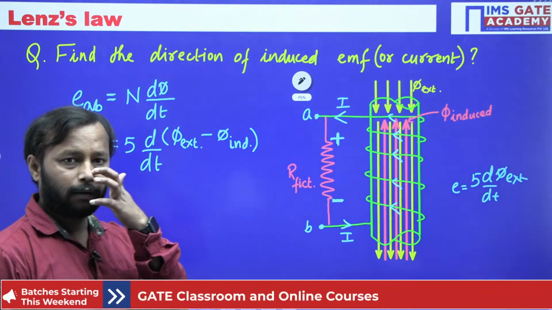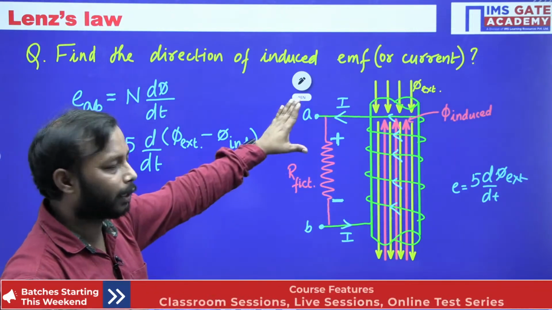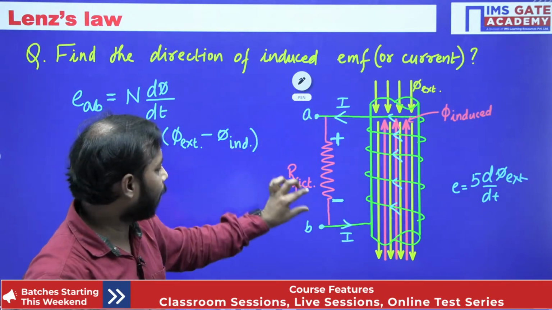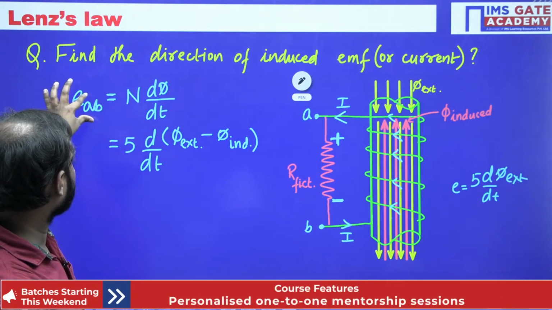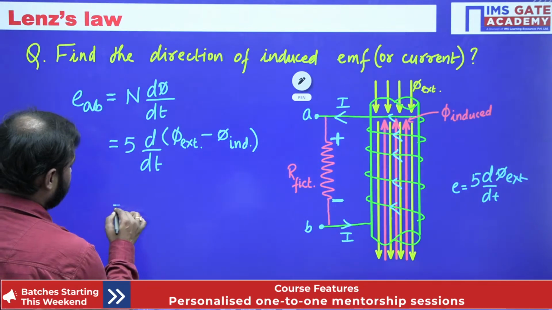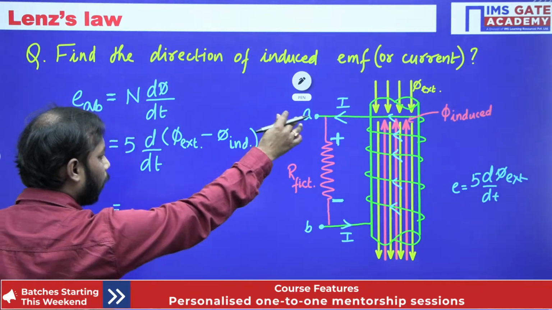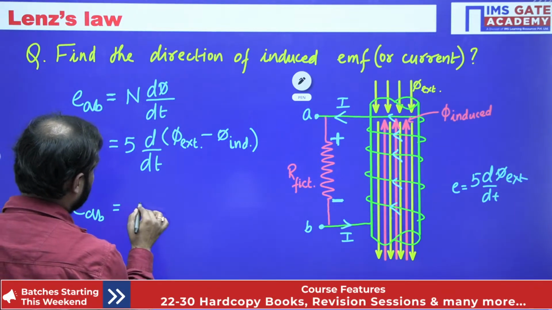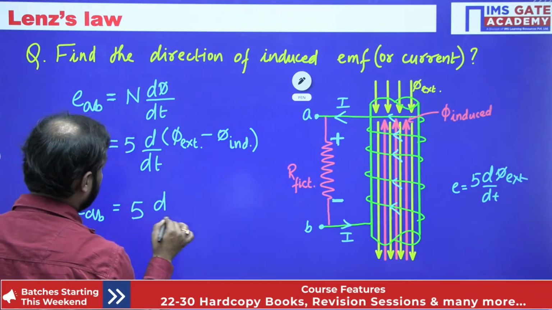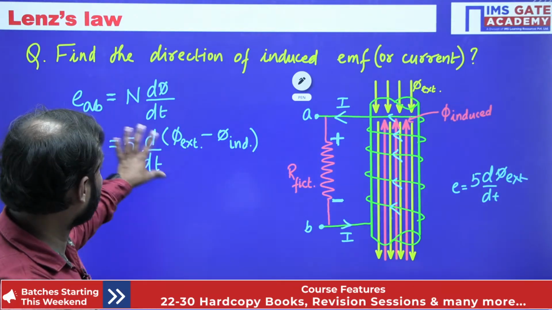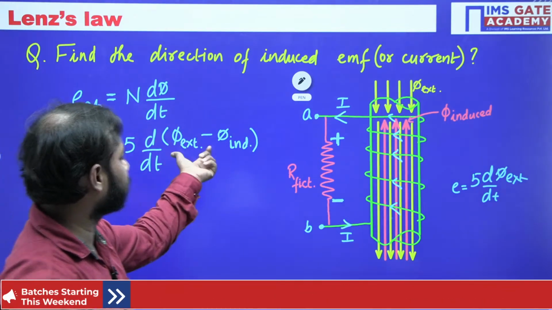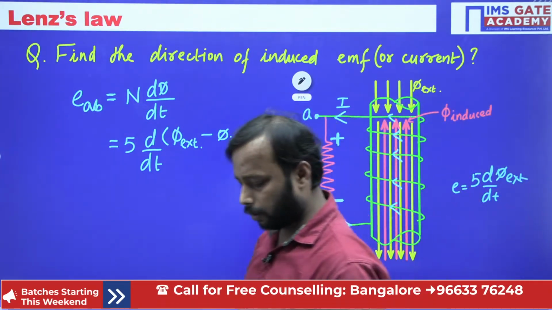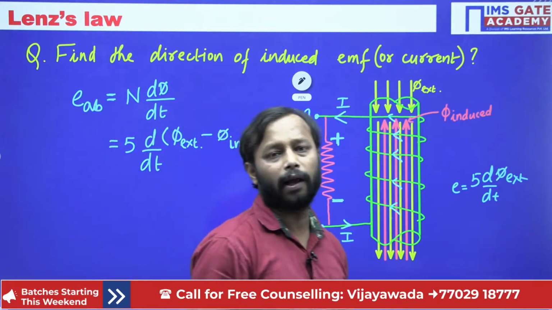This is the net flux, and the polarity will be what? EAB, A as plus and B as minus. So if you apply the Lenz law, it will give you EAB as 5 d phi by dt, which is phi external minus phi induced. So this is Faraday's law along with the Lenz law.